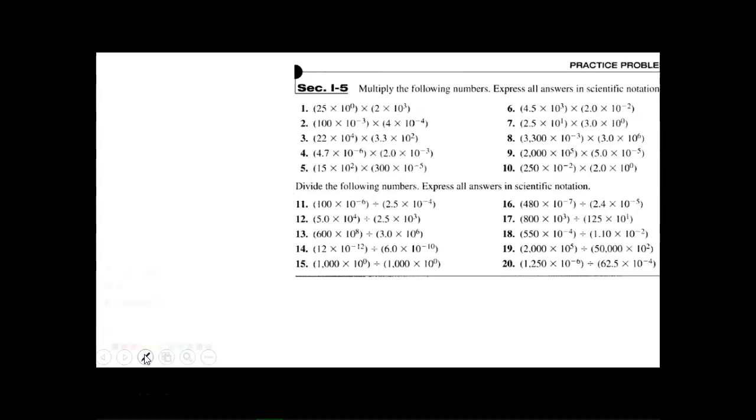So I did this just to give us a little bit of a place to work on these. Have y'all got all these ready, or y'all still working on them?